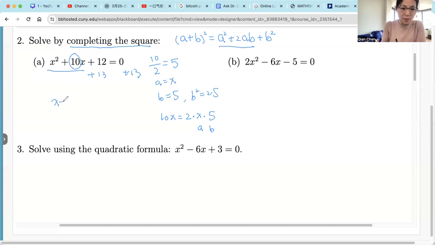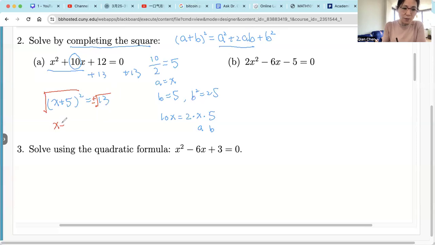Now we have made this side to be x plus 5 squared. Then the other side is 13. Now we can square root both sides. Once we have a perfect square on one side, we square root both sides. Square root to get positive, negative two values.